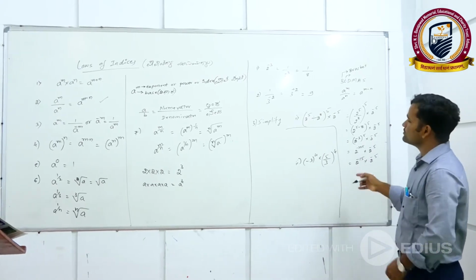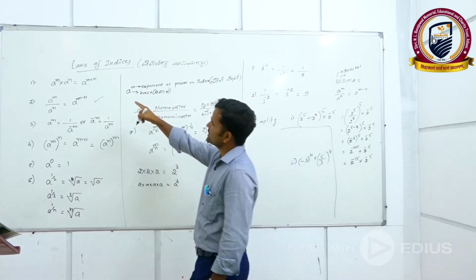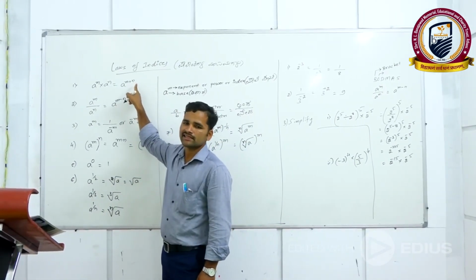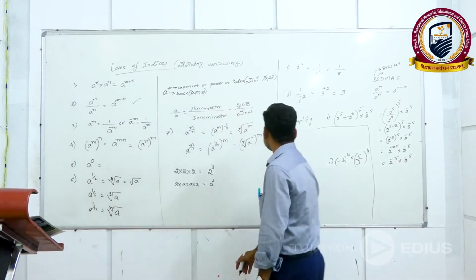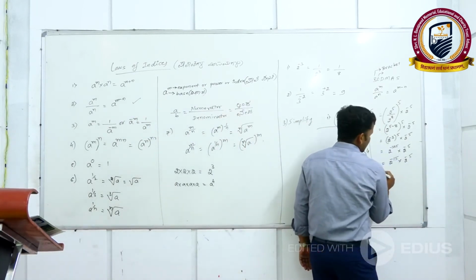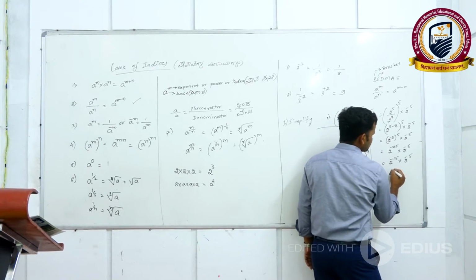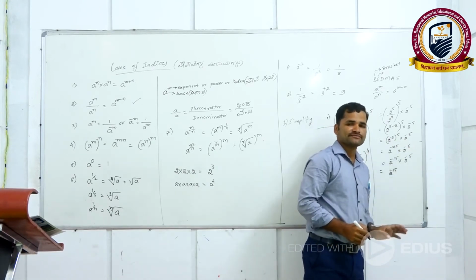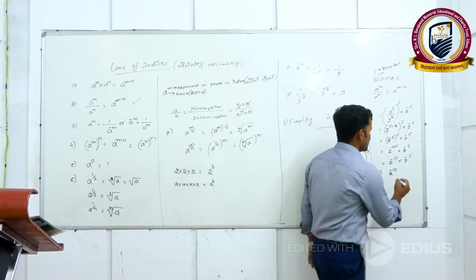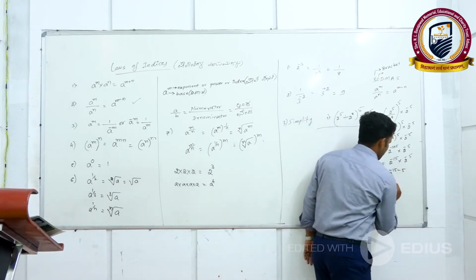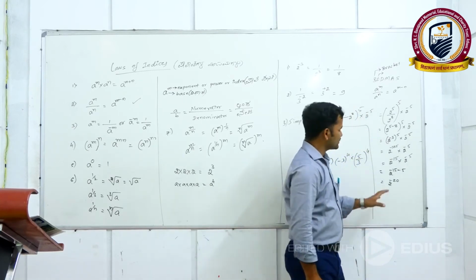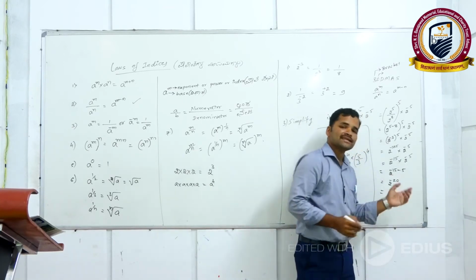It is in the form of the first formula, that is a to the m into a to the n, nothing but a to the m plus n. So this is 2 to the minus 15 plus minus 5, which is 2 to the minus 20. 2 to the minus 20, it is there in the numerator.